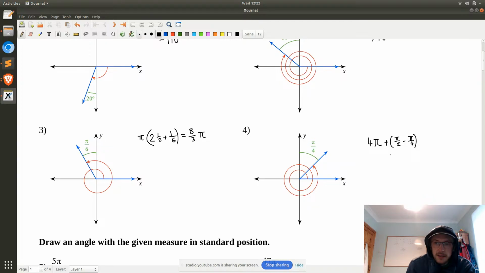And when we do that, we get pi over 4. So it's 4.25 pi, which is 17 over 4 pi. That many radians. And we check, and that's good.